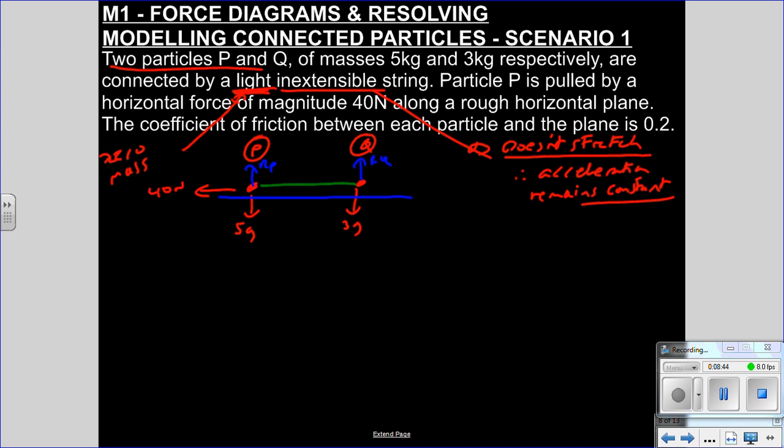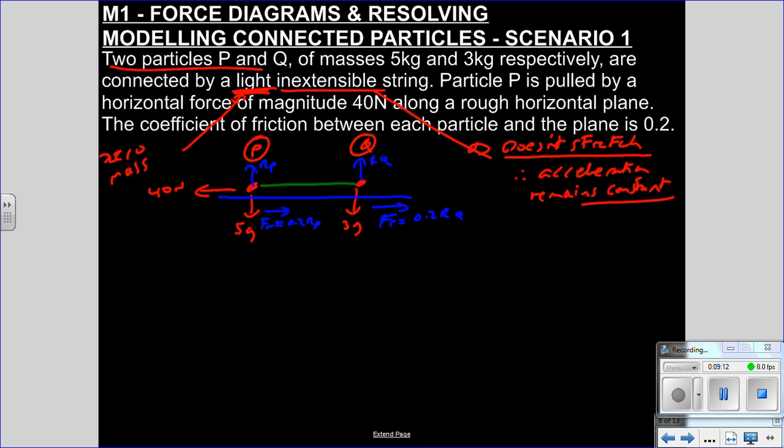And there's going to be a frictional force at P, which is going to be our mu R, and it's telling us the coefficient of friction is 0.2. So 0.2 RP, and the friction here, remember, it's going opposite to motion, so the friction here is 0.2 RQ. Okay?